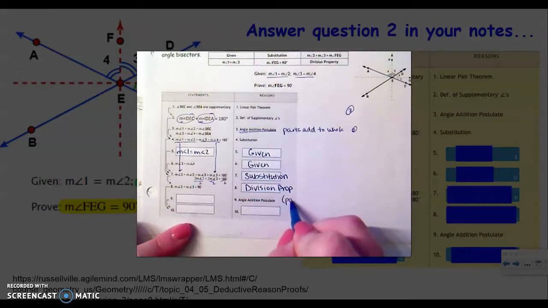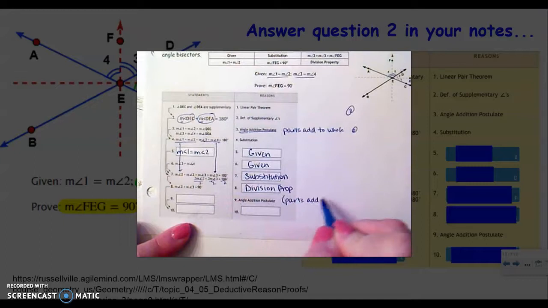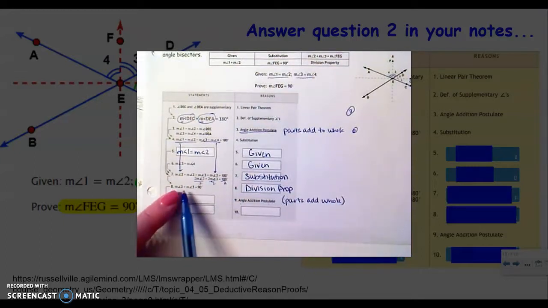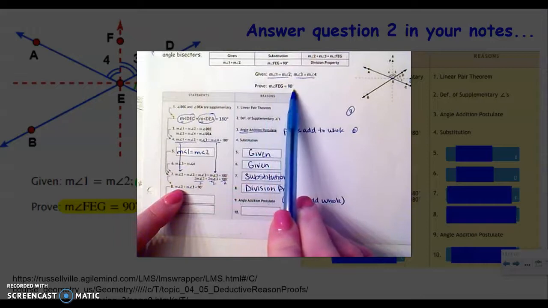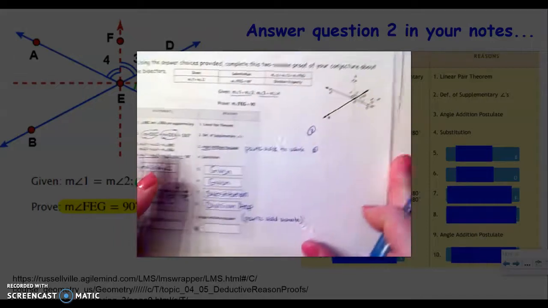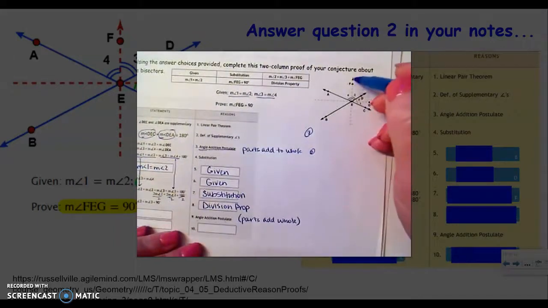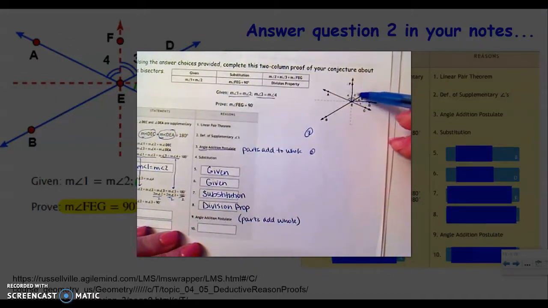And remember again, I want you to always think parts add to the whole. Well, how is that going to be helpful? We're talking about the measures of angle 2 and 3 here. We're wanting to get to the measure of angle FEG equals 90 degrees. So let's look at our drawing here. Here's FEG. Notice it takes angles 2 and 3 together to make angle FEG.